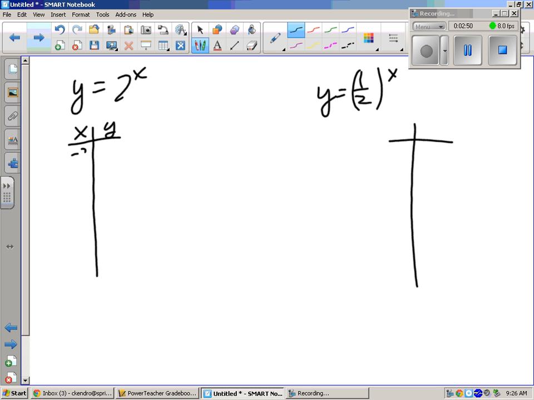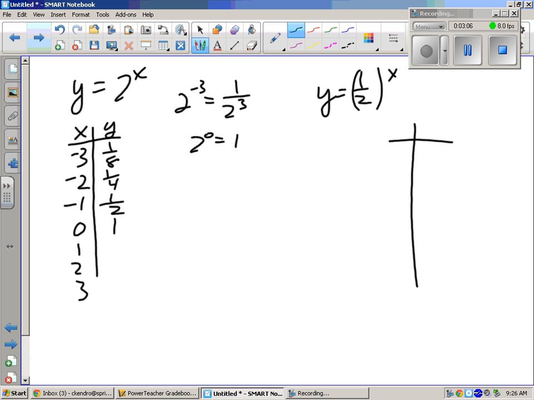If I choose -3, -2, -1, 0, 1, 2, and 3, put a -3 in there, 2 to the -3 is really 1 over 2 to the third, so that's 1/8. Then that makes this 1/4, 1/2. 2 to the 0 is always 1, and then basically we're just going to be doubling them as we go down. So you can see from top to bottom it's been doubled.